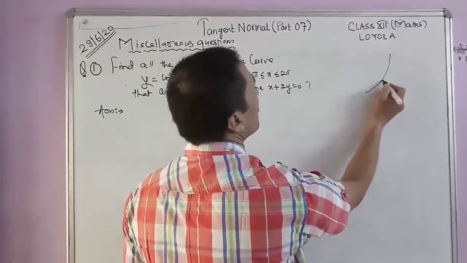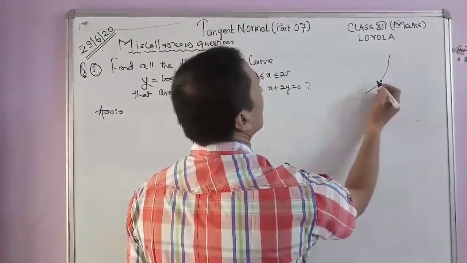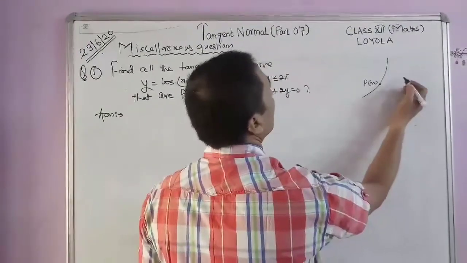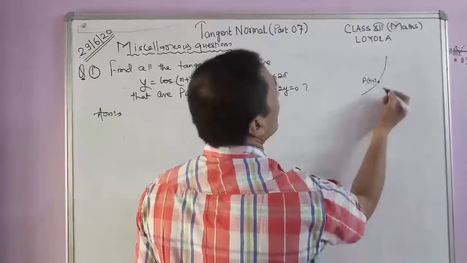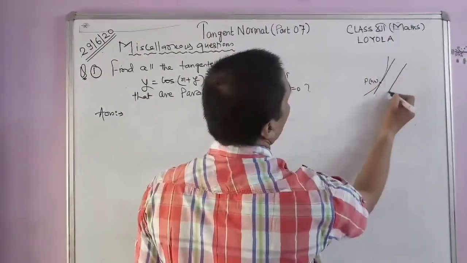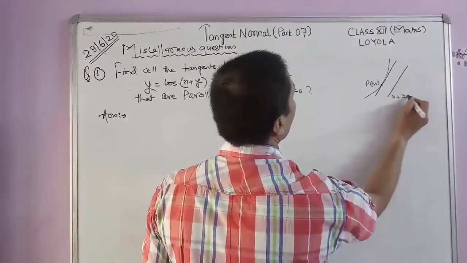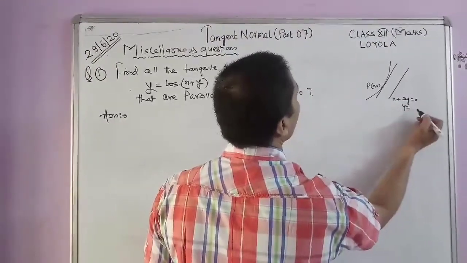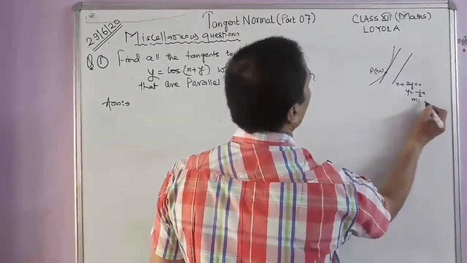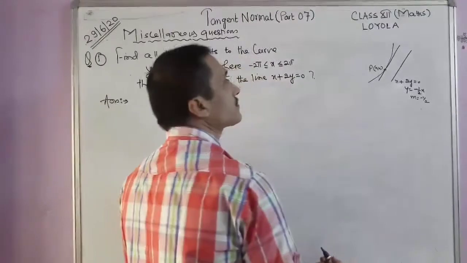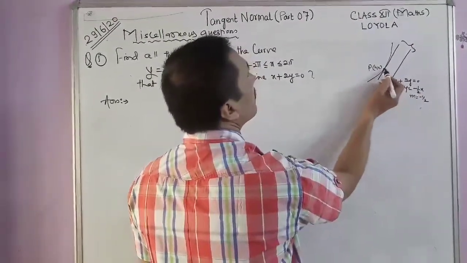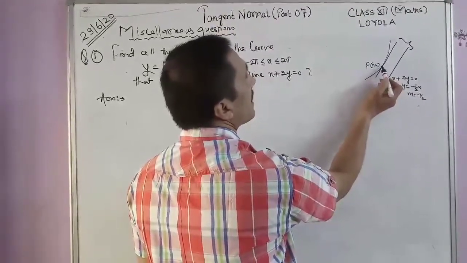The demand of the question is to find the equation of tangents that are parallel to the given line x plus 2y equal to 0, whose slope is minus 1 by 2. These two are parallel. First of all, we find the slope of this tangent.